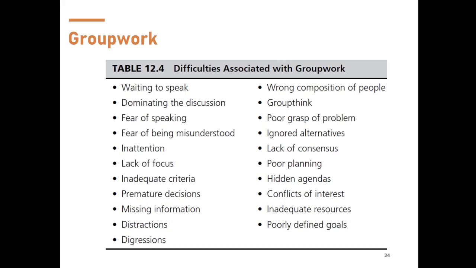The first one I wanted to highlight is miscommunication. Miscommunication can be an issue. In any social interaction, miscommunication can be a problem, because poor communication can lead to misunderstanding and conflict within the group.